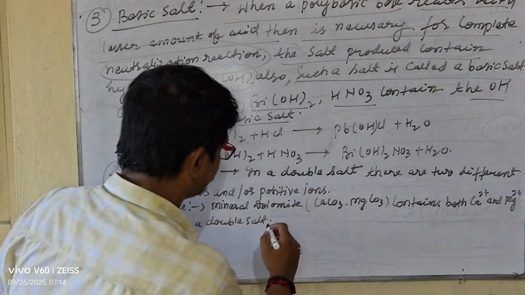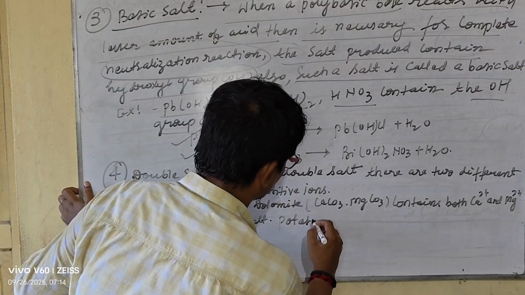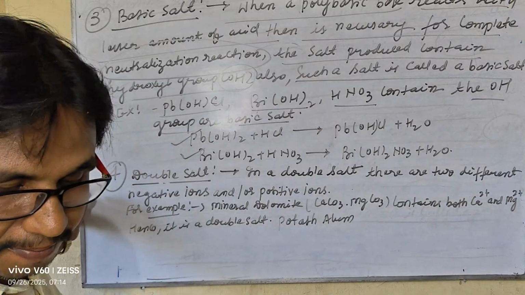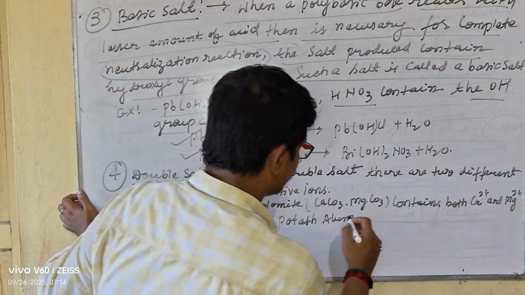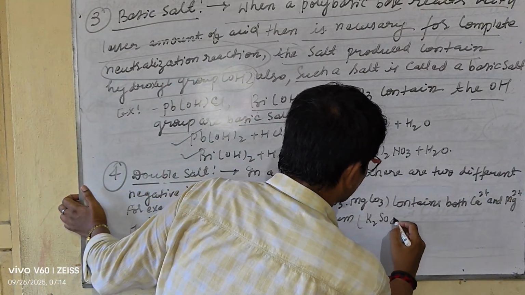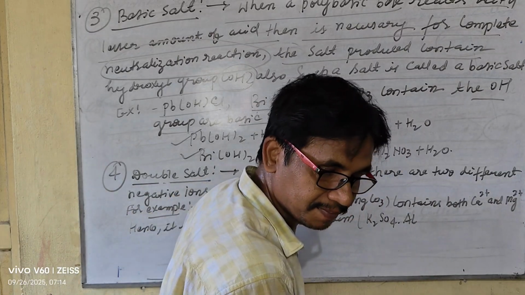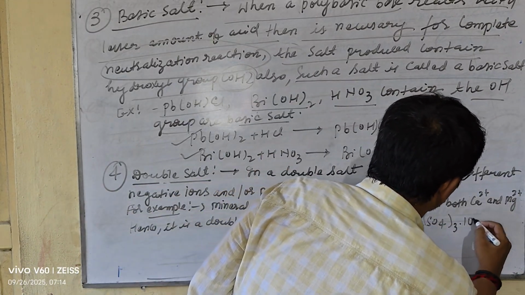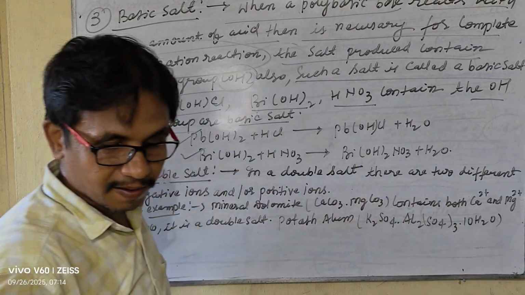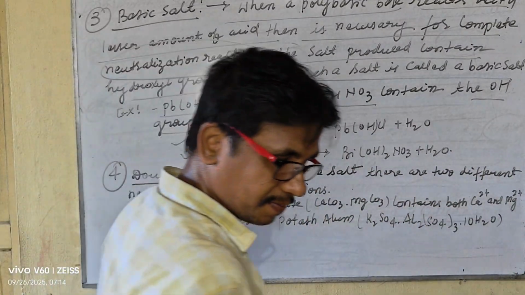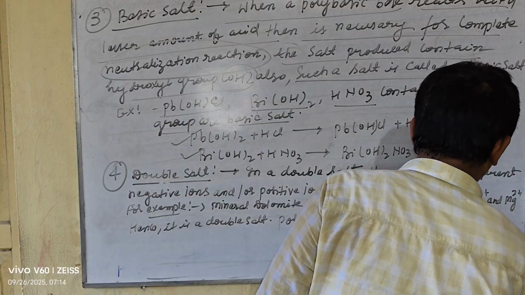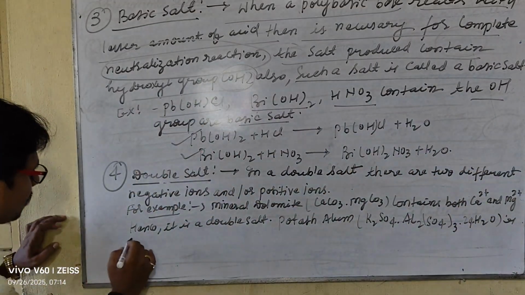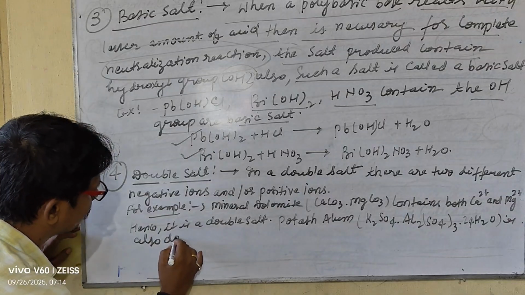Potash alum, that is K2SO4 Al2(SO4)3 24H2O, sorry, 24H2O, is also a double salt.